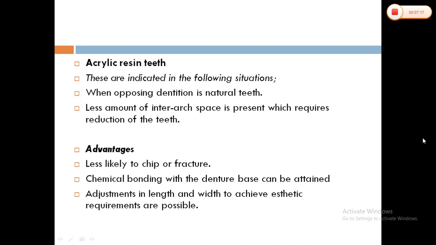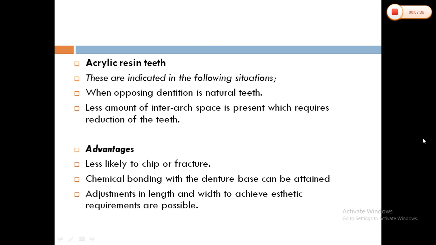Acrylic resin teeth. These are indicated in the following situations: when opposing dentition is natural teeth, when there is less amount of interarch space which requires reduction of teeth.